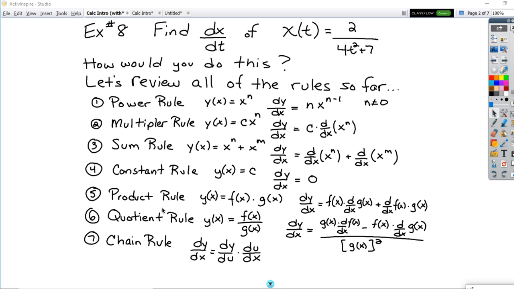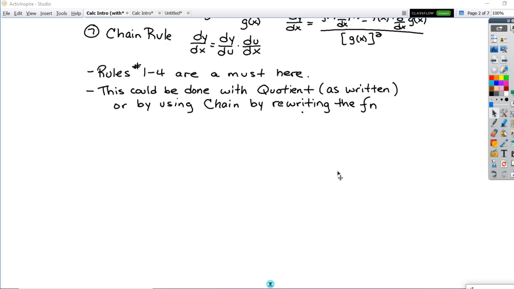It looks as though quotient and chain rule might both be possible ways that we could solve this problem. So let's take a look. We can use the quotient rule if we use the function as it's written, because you have the 2 as the numerator and then you have the rest of the function, which is the denominator.